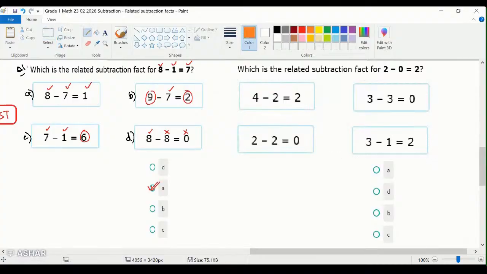Question number 2, option A, option B, option C, or option D? The question says 2 minus 0 equals 2. We have the 2, we don't need this 2, we don't need the 4. We don't need the 3, but we have the 0. All three numbers should be the same. Right, Adam?